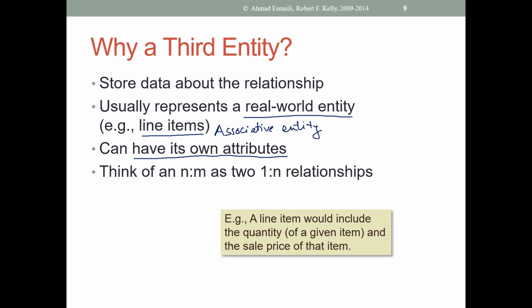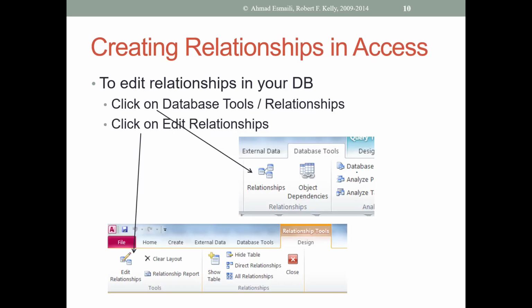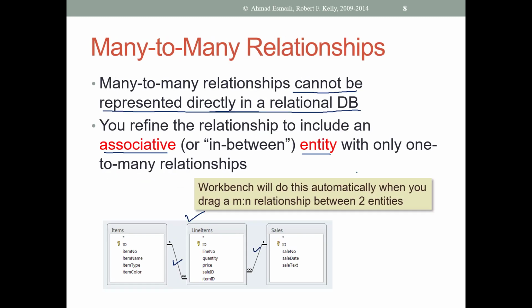So many-to-many, we can think of an N-to-M, which is many-to-many relationship, as two one-to-many relationships. Okay, good. So now we should think about modeling, how to create a model that looks like this.